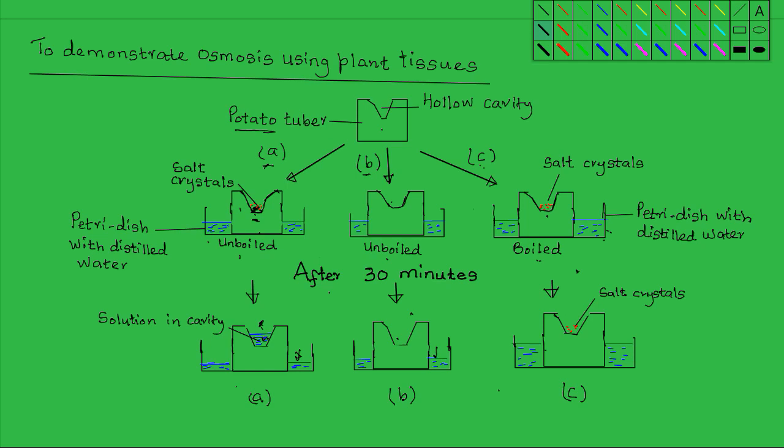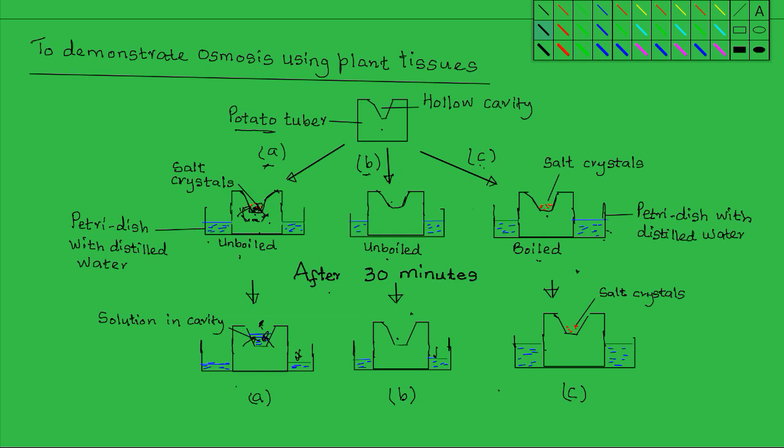This concentrated solution is hypertonic to the potato cells lining the cavity. So what happens is that water moves by osmosis from these cells lining the cavity into the cavity, thereby increasing the level of the solution there.